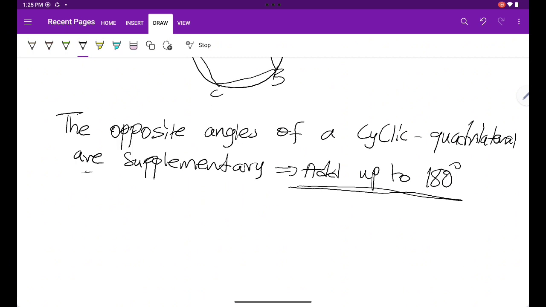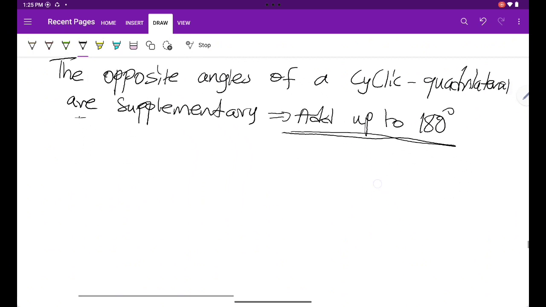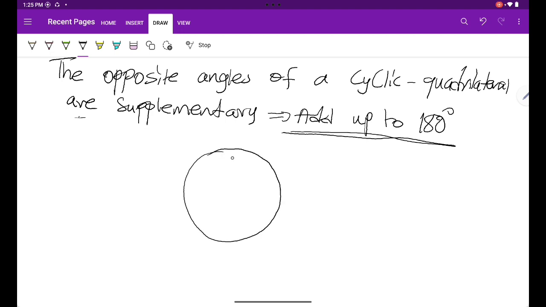Right, so likewise, let's have a cyclic quadrilateral. Right, so let's have a center.